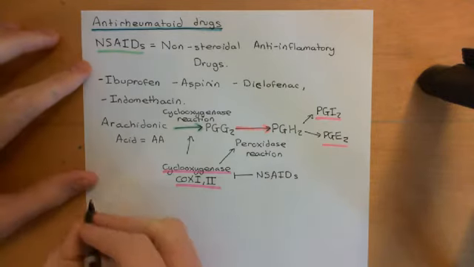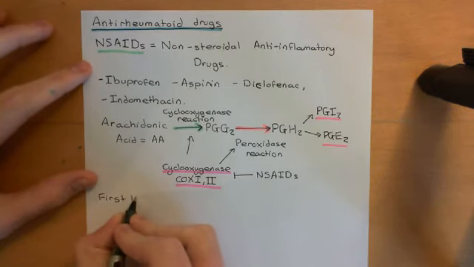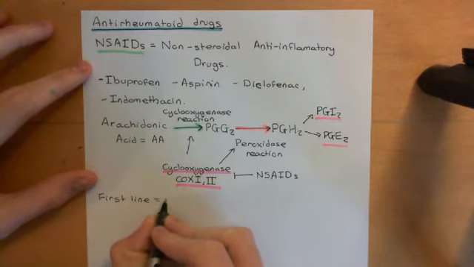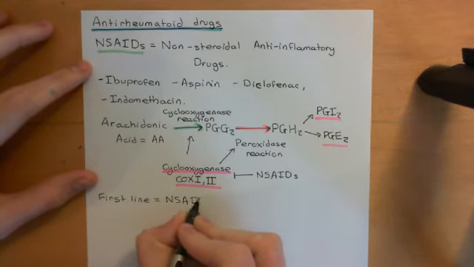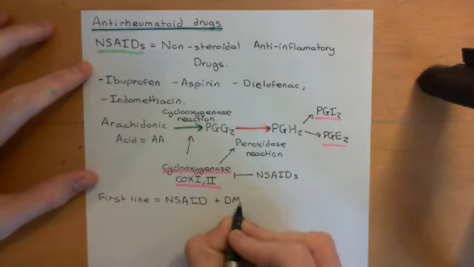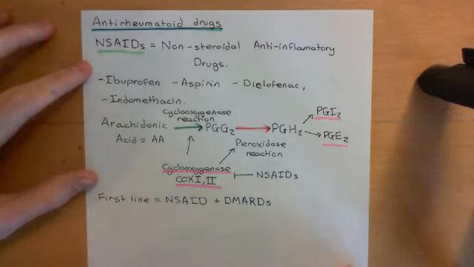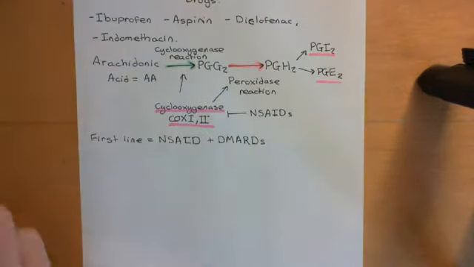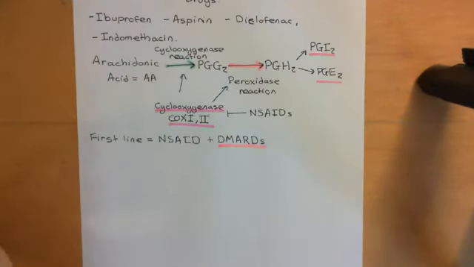The first line treatment for rheumatoid arthritis is to give a non-steroidal anti-inflammatory drug with what's known as a disease-modifying anti-rheumatic drug. And for short, these disease-modifying anti-rheumatic drugs are abbreviated to DMARDs. And it's these DMARDs that we now want to study. So firstly I'll write out their full name.